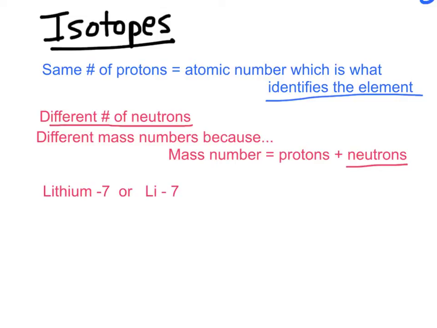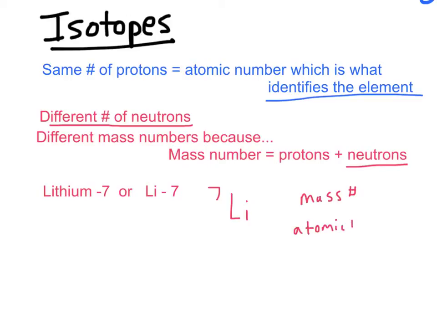Now the lithium, if I take any isotope, it can be given to me a couple different ways. It can be written like this, lithium-7 or Li-7, or it can be written as Li with the 7 up above. Now, a nuclear symbol has the mass number on top and the atomic number on the bottom.